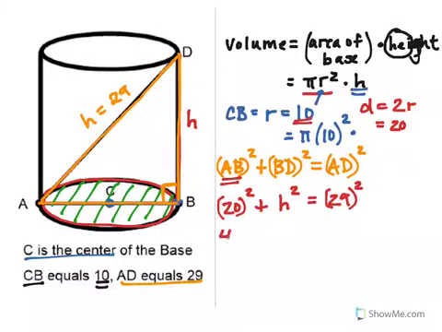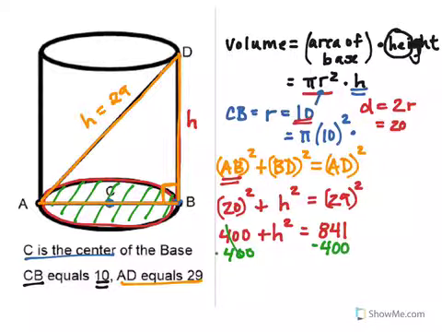So 20 squared is 400, plus the height squared is equal to 29 squared, which is 841. Then we would just subtract 400 from both sides, and we get h squared is equal to 441.